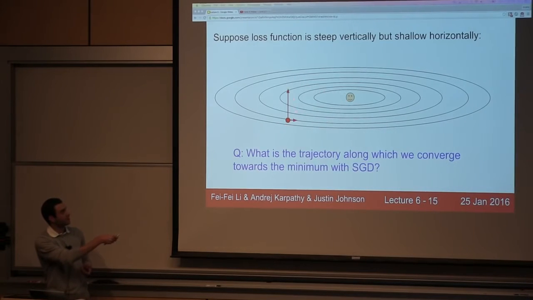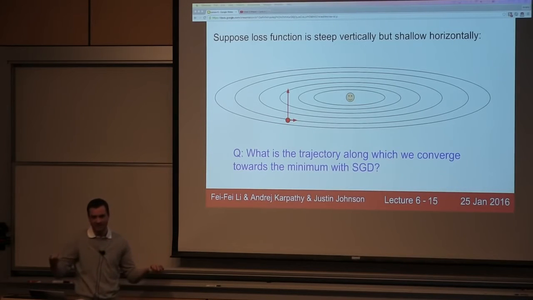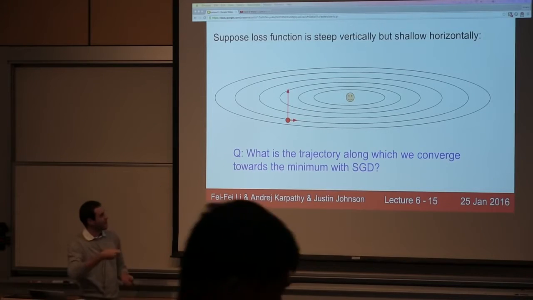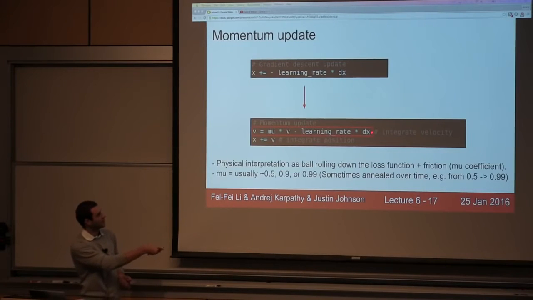Instead of directly integrating the position with this force, recall F equals ma in physics, so force is equivalent to acceleration. Acceleration is what we're computing, and the velocity gets integrated by the acceleration.